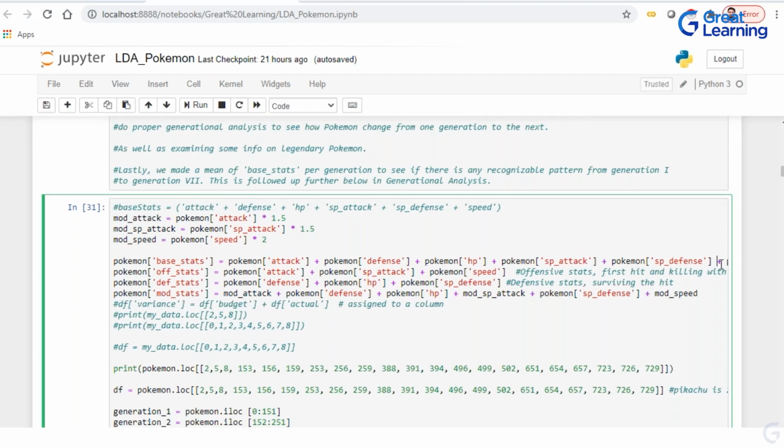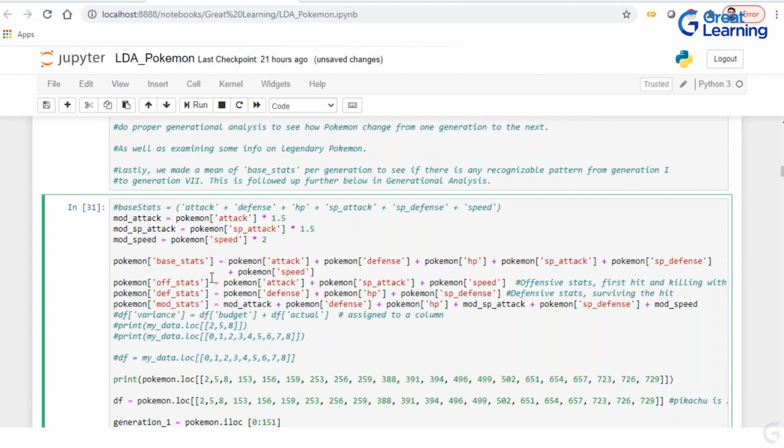Let me just bring this down for clarity. So you see, the base stats for Pokemon, we defined it as a simple sum of all the key features. So we kind of picked them up and we were calculating the base stats. We got the off stats, which is the offensive strategy. Now, for offensive, we have to consider more of an attacking characteristic. So you see Pokemon attack, the special attack, and the speed. These were considered for the offensive strategy.